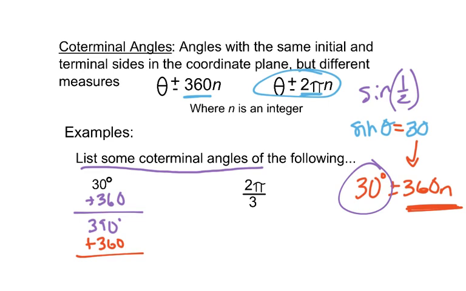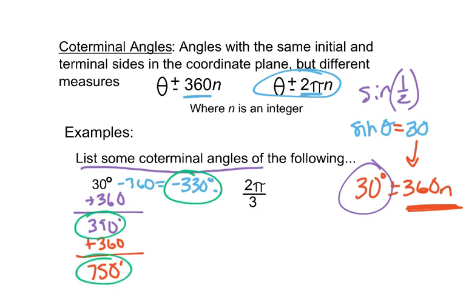My current state is that of exhaustion. So 750 is also another option, but then you can also subtract 360 as well. And so 30 minus 360 could be negative 330 degrees, and so on. Alright, so these are all options of a different coterminal angle.